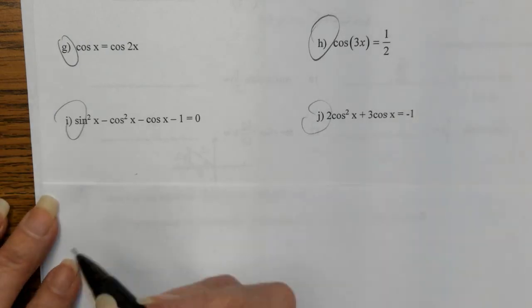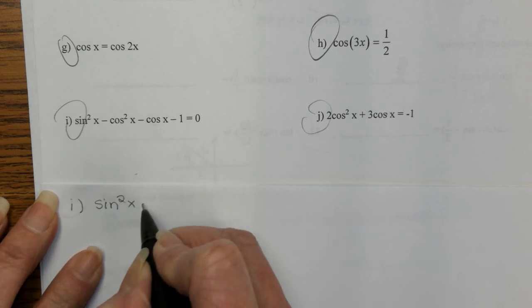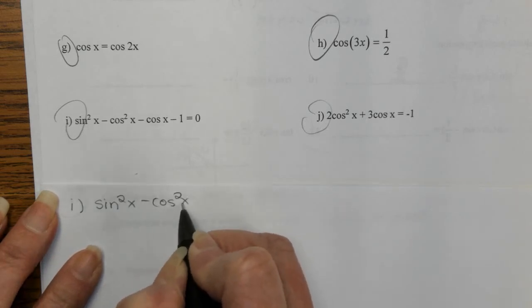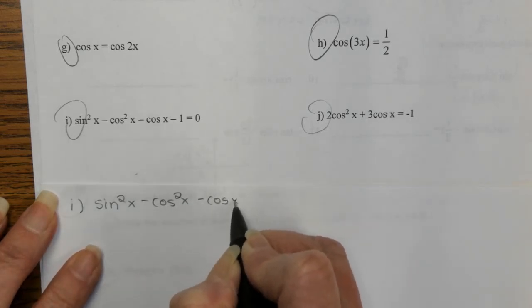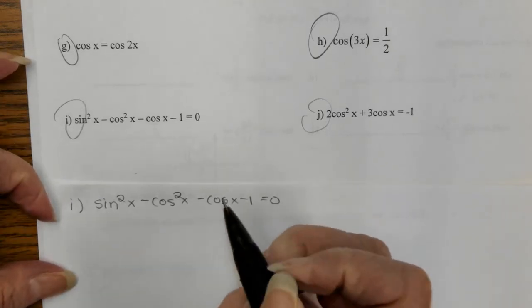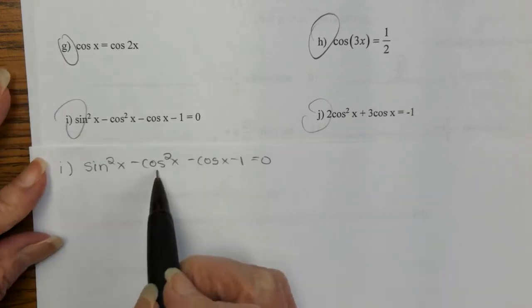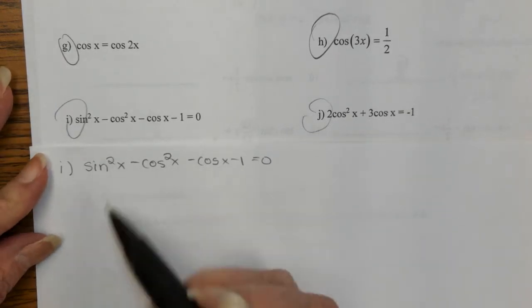So in problem I, we have sine squared x minus cosine squared x minus cosine x minus 1 equals 0. Now, I can see that 2 of these terms are written in terms of cosine, and 1 of them is sine.